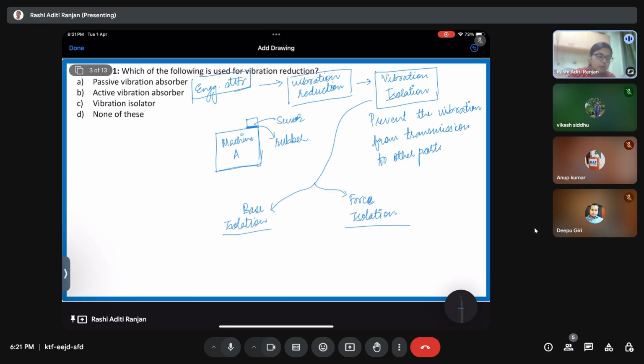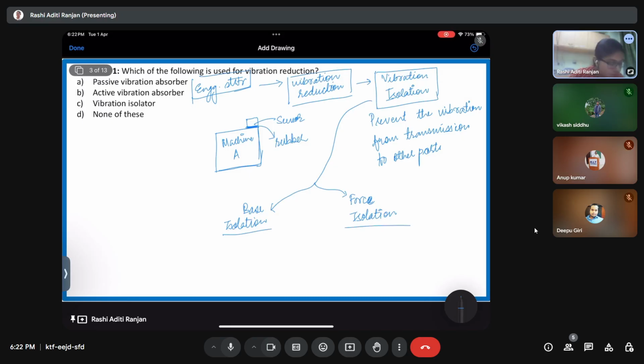As I've told you earlier also, the vibration isolation in which I isolate my system from the base, from the ground, so that the vibration is not transmitted to my base. Okay, that is base isolation.